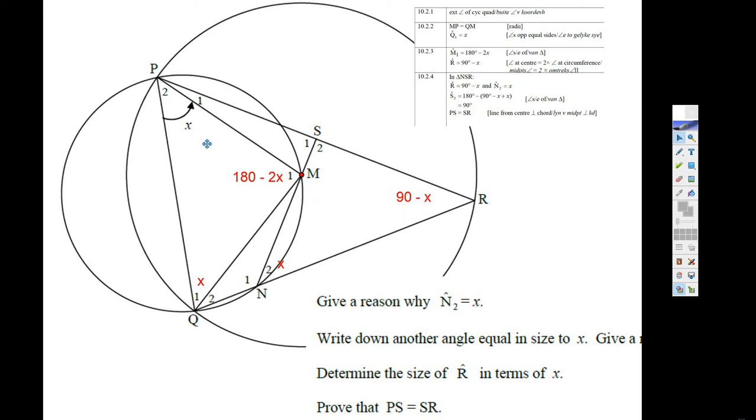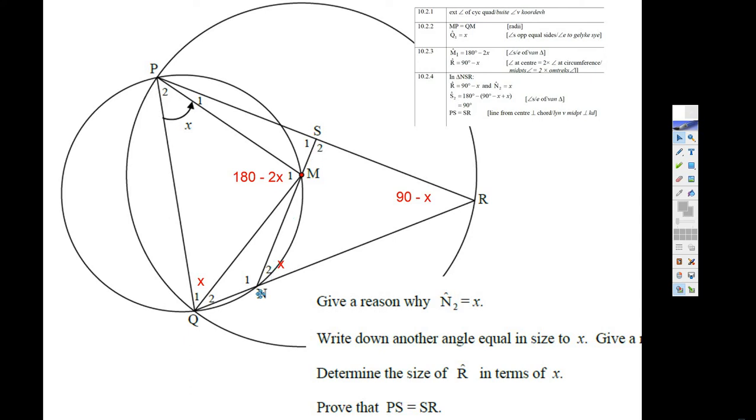Now they want you to prove that PS equals SR. Well, hang on here. That's 90 minus X, that's X. If we add those two together, those two angles add up to 90. That means, angles sum in a triangle, that S2 must be 90.